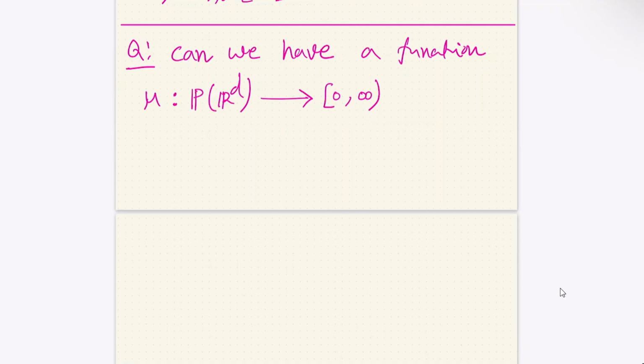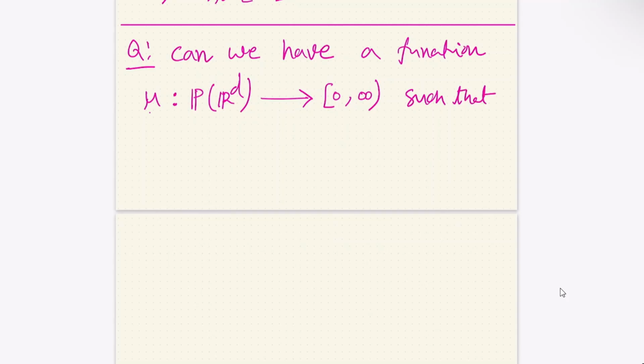That means that mu is a function which is mapping every subset of RD to a real number. Not just a real number, it is a non-negative real number, because 0 is also kept.